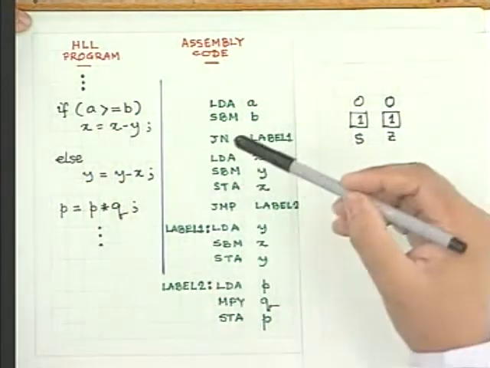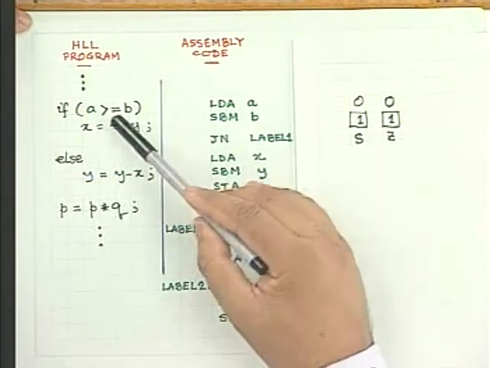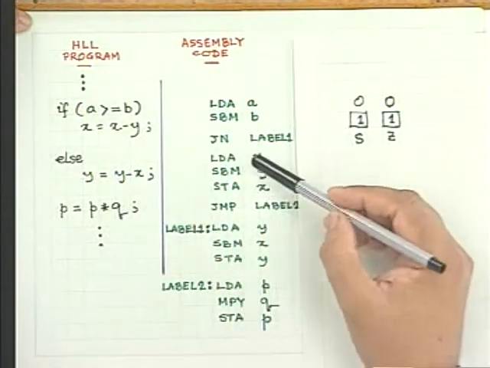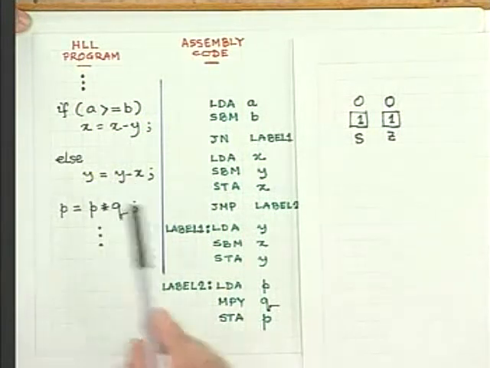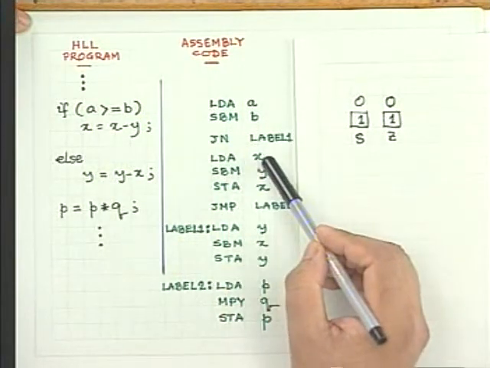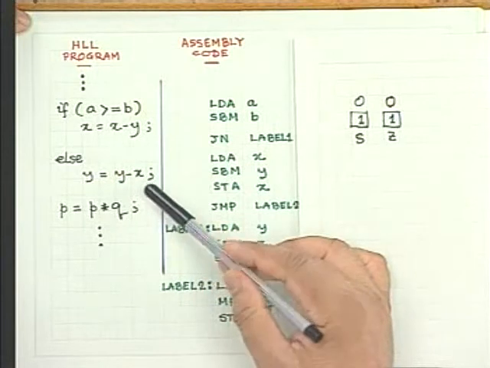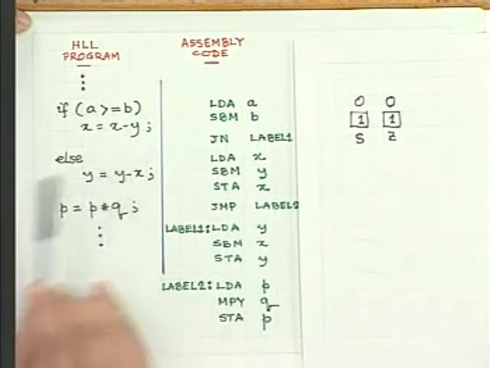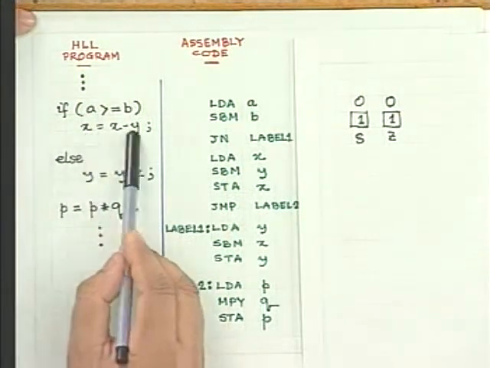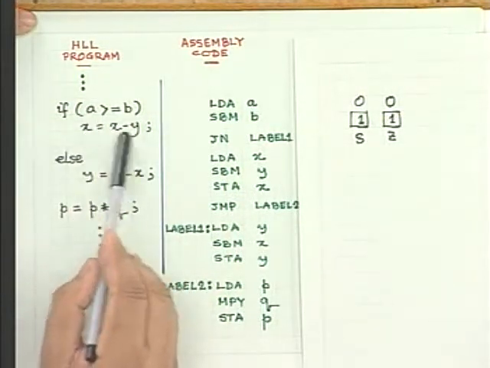If the result is greater than or equal to 0, then this instruction is executed. Oh, sorry, not this one. If A is greater than or equal to B, this instruction is executed.